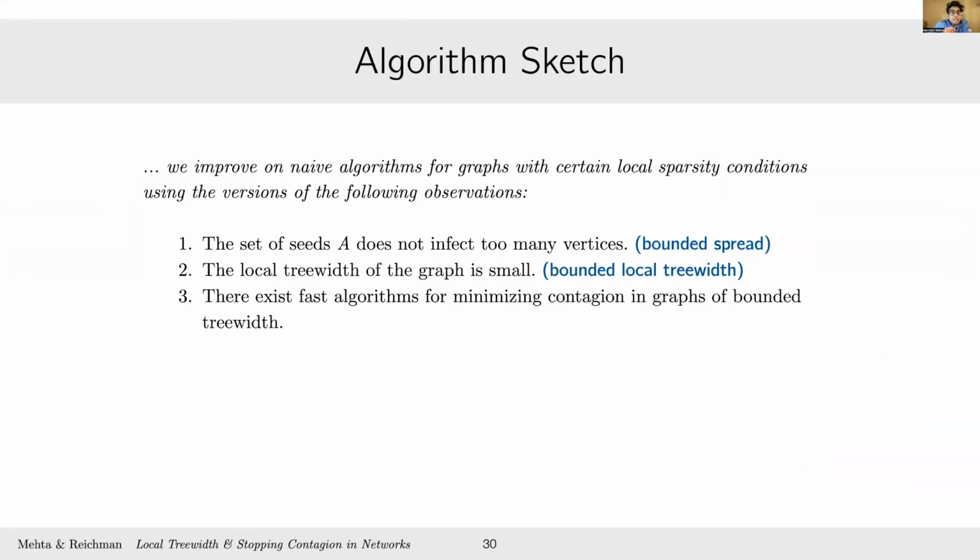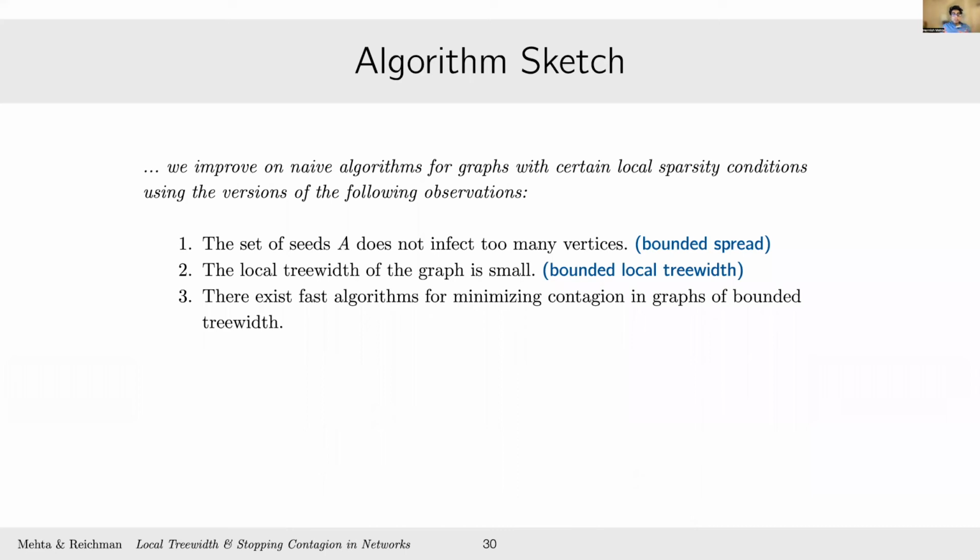Okay, now let's see how these local treewidth bounds lead to more efficient algorithms for the minimizing contagion problem. The algorithms we work with rely on three observations or conditions. One is we want to make sure that we have the bounded spread property. This says that the set of seeds A does not infect too many vertices.